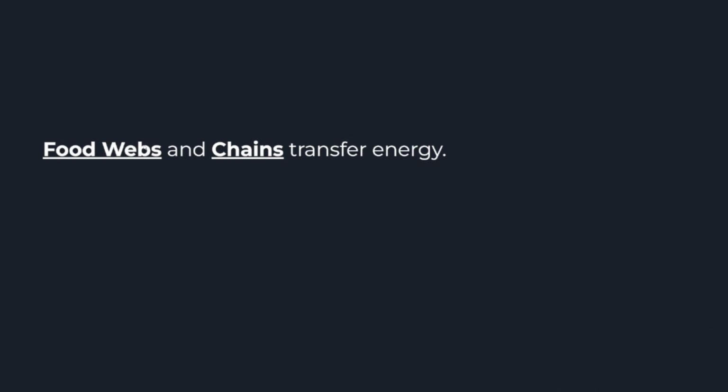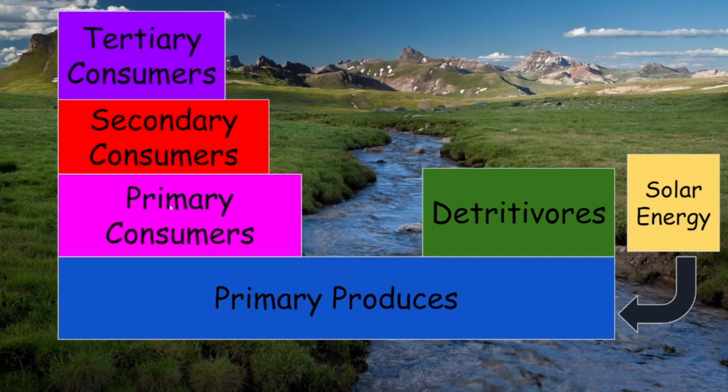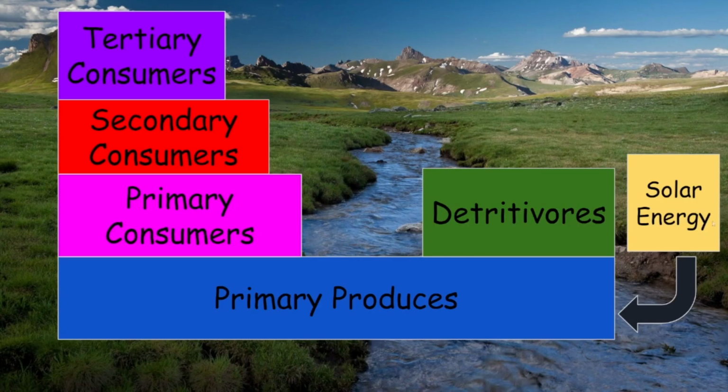Food webs and chains transfer energy, just like we saw. So when primary consumers eat plants, then you'll see energy transfer by the 10% rule. So primary consumers gain 10% of energy from the primary producers.